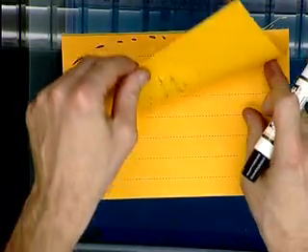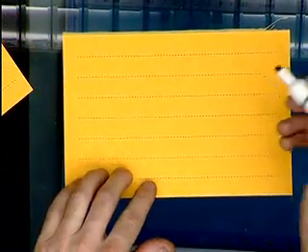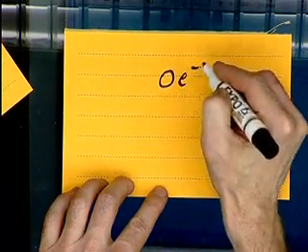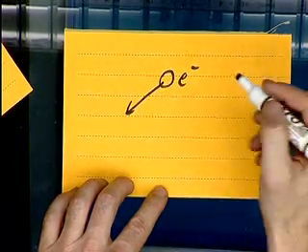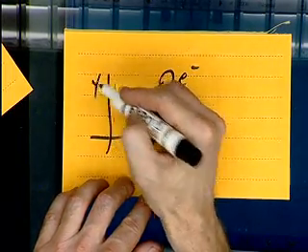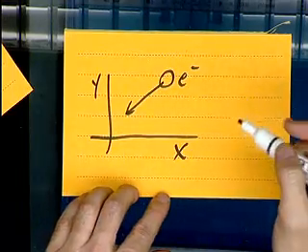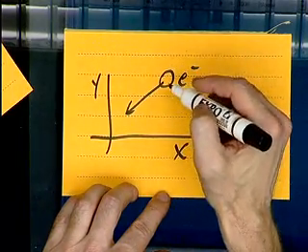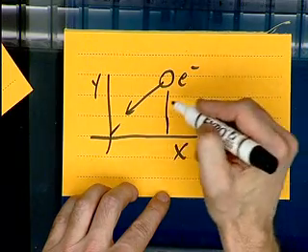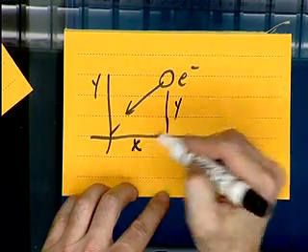So the formula for that attractive force on the electron depends on the xy location, where let's say the nucleus is at the origin, and this is a triangle with a height of y and a base of x.